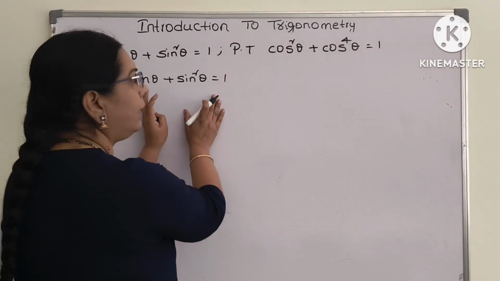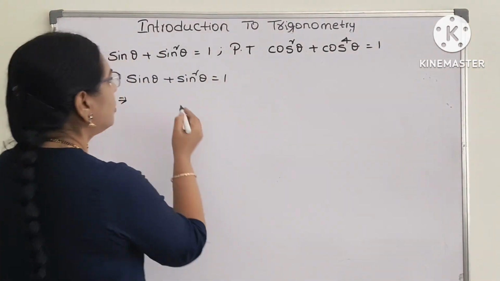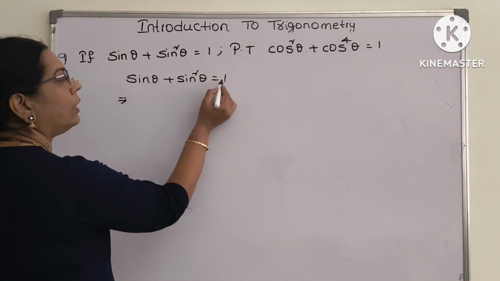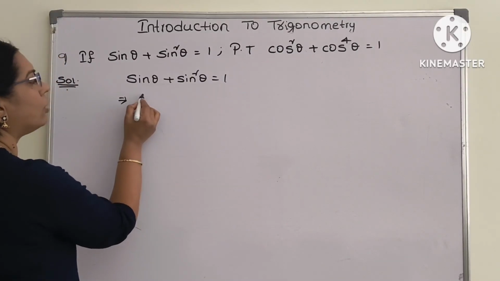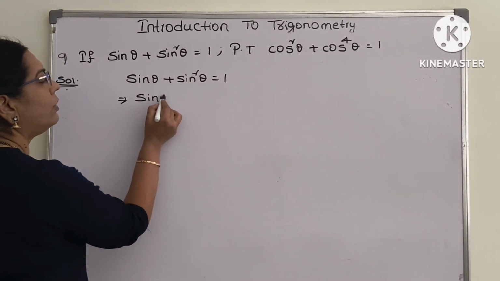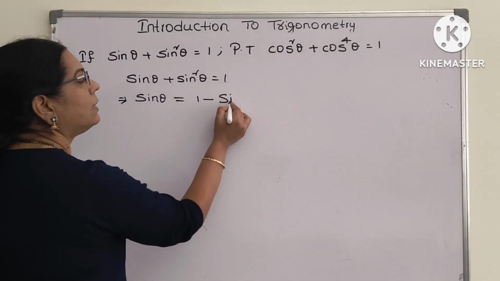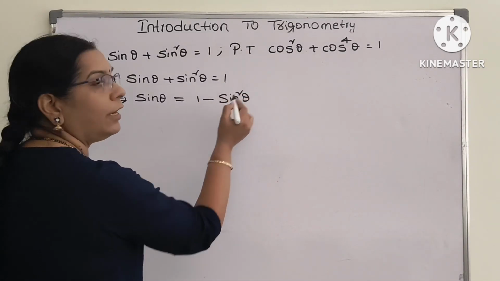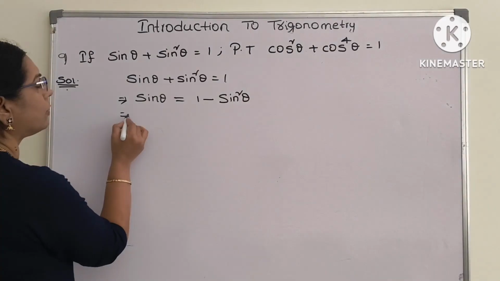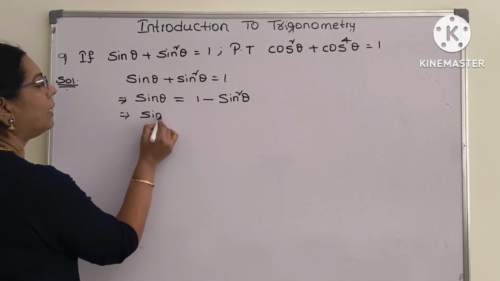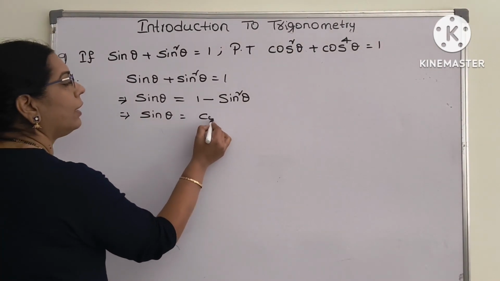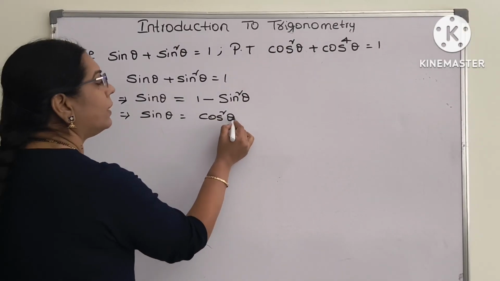We have to convert the entire sines into cos. There is a hint given. If you notice, there is a 1 here and a sin square also. So I will shift the sin square to that side. So it becomes 1 minus sin square theta, and you already know 1 minus sin square theta is cos square theta. So sin theta can now be written as cos square theta.